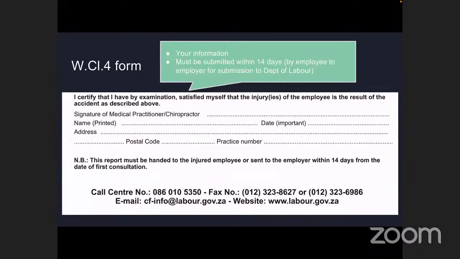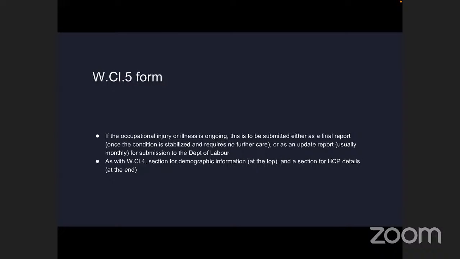And then lastly on this form, it's basically a declaration that you have filled out the form and you're happy with your responses. And this form, once completed, must be submitted via the employee to the employer for submission to the Department of Labor for any cases that will require investigation.